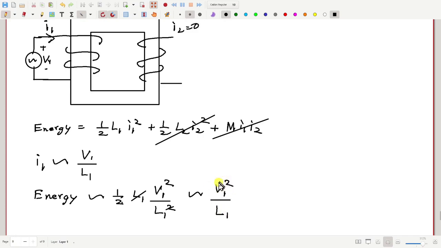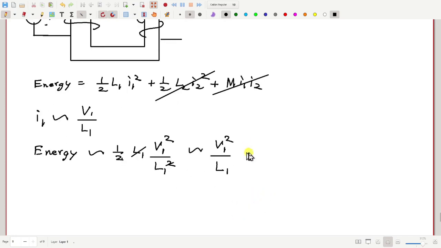V1 is some finite voltage, but for an ideal or very good transformer, how much should L1 be? L1 should be very large, L1 tends to infinity, because L1 is proportional to N1 squared by core length by permeability and area of the core.